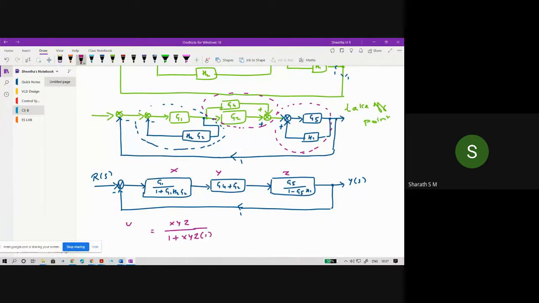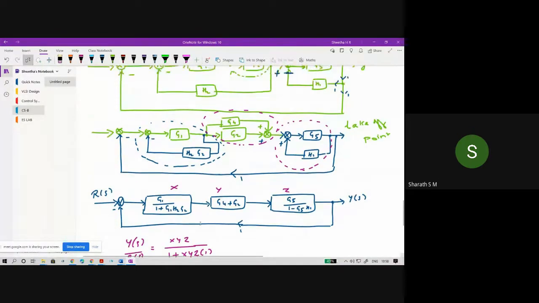So this is the overall transfer function. Just look at that, we'll explain it once again.